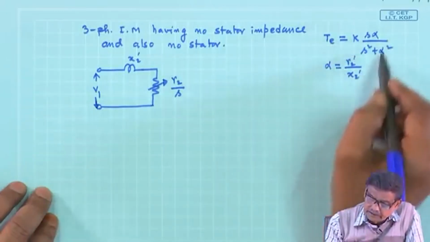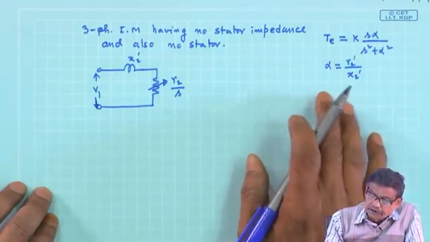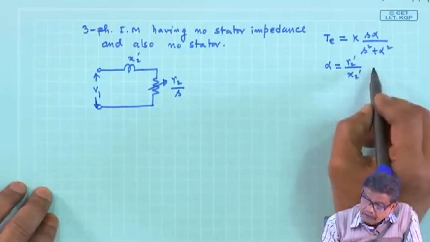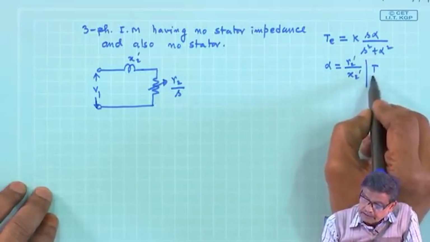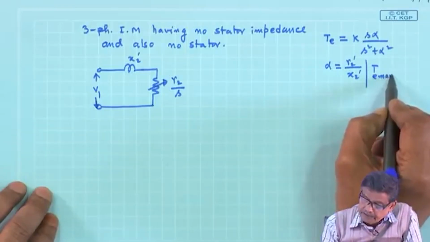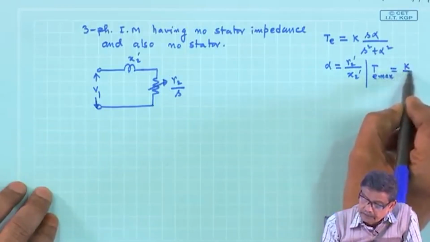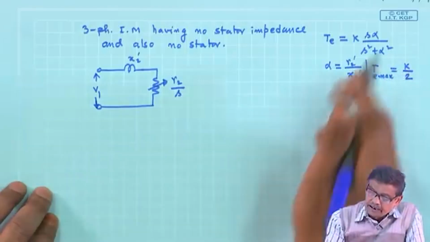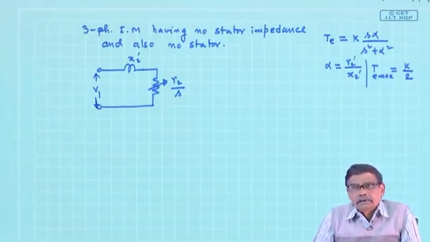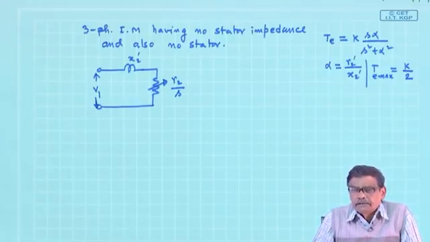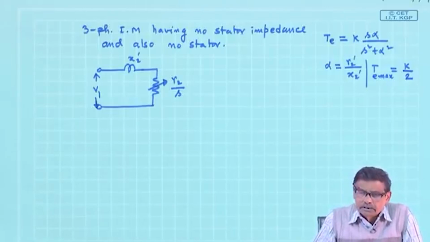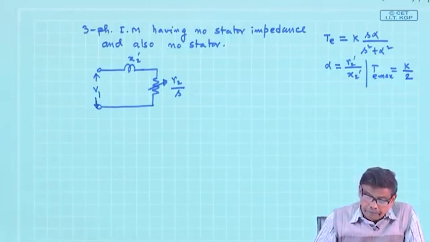These results are very important and interesting, and also T max is equal to k by 2, where k is a constant that depends on the per phase voltage, reactance of the rotor and synchronous speed.